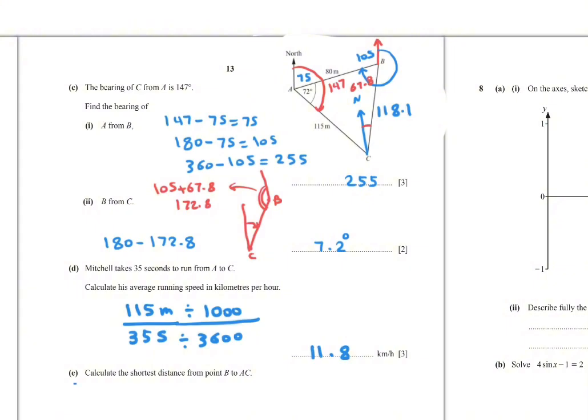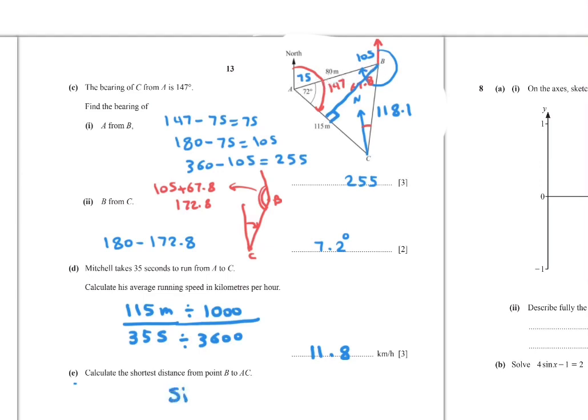Now E, calculate the shortest distance from B to AC. The shortest distance is the perpendicular distance. So from B, drop a perpendicular to AC. We need to find this distance. You can use this triangle. This angle is 72. We need to find the opposite side, and we have the hypotenuse, which is 80.